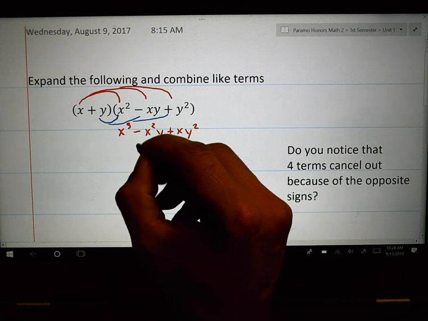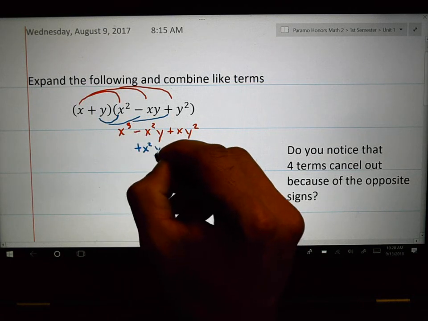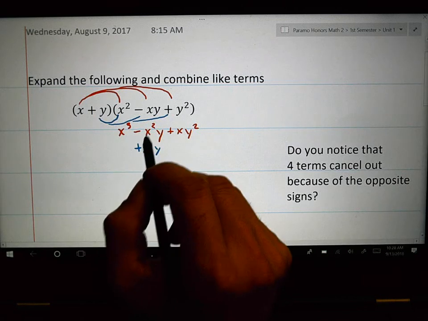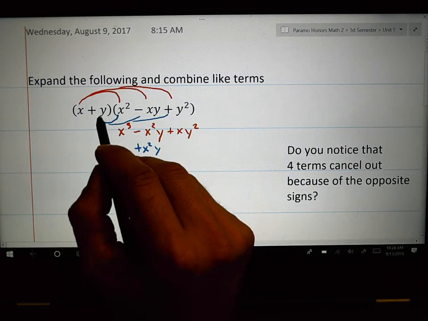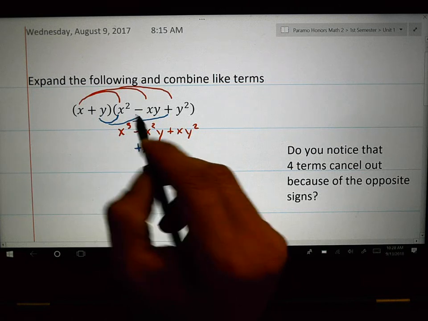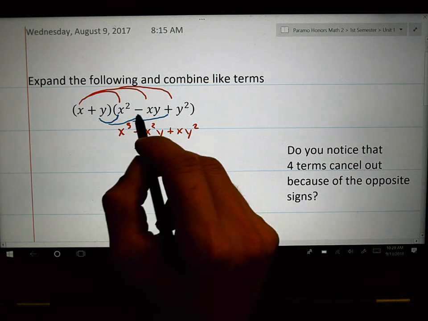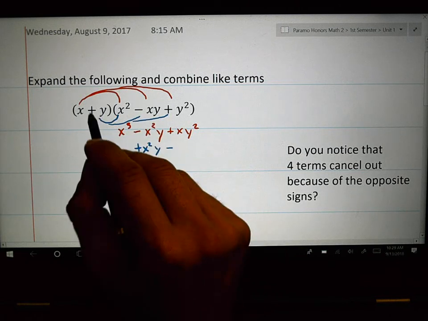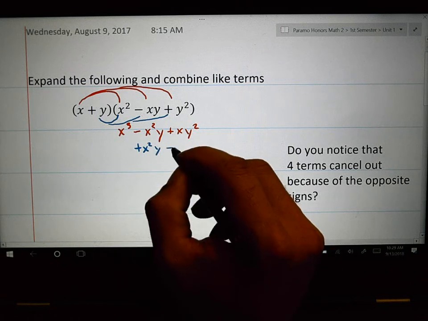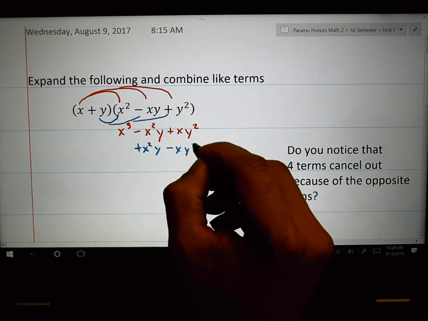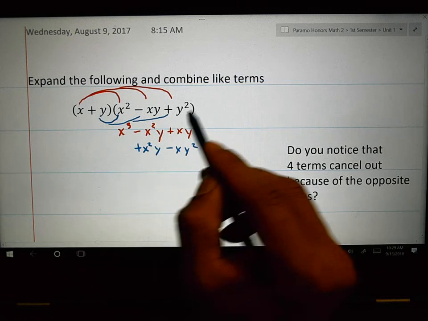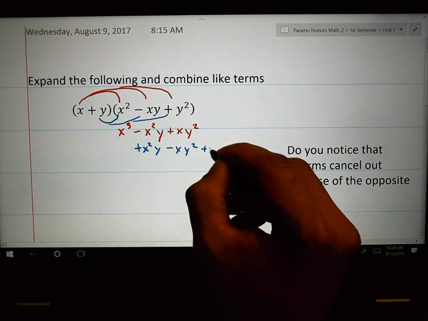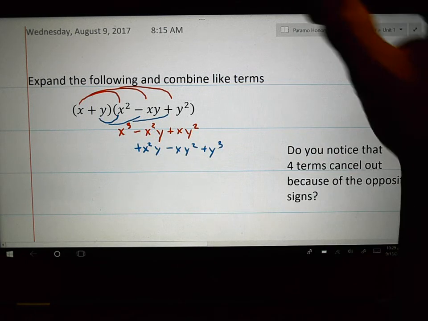I'm going to intentionally put it right below this x squared y. Minus x, there's two y's, so xy squared. Last times the last would be plus y to the third.